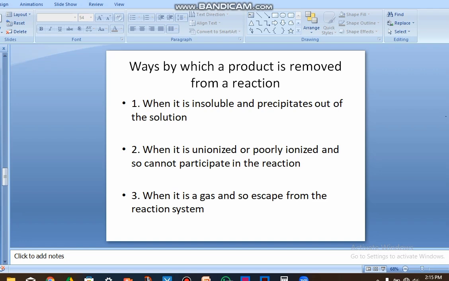Number three, when it is a gas and so escapes from the reaction system. So please take note of all of them. When it is a gas, it will just escape from the reaction system. Take note of all these things. Let's continue.